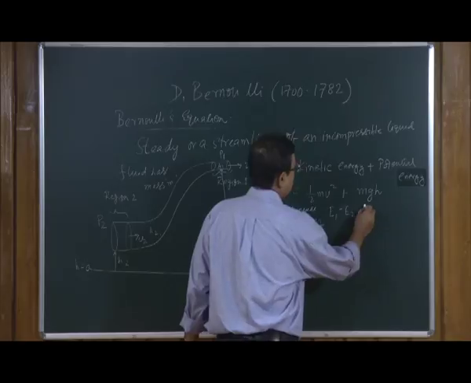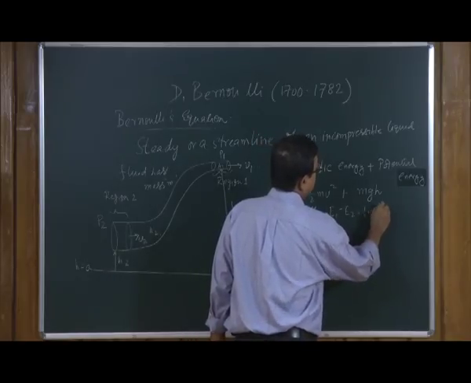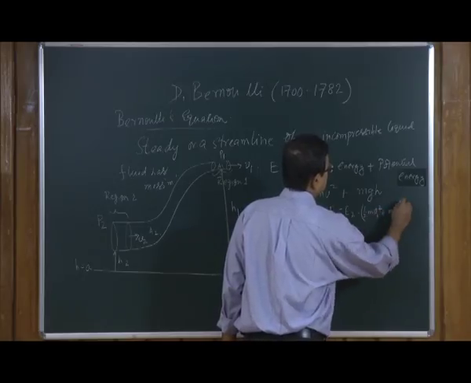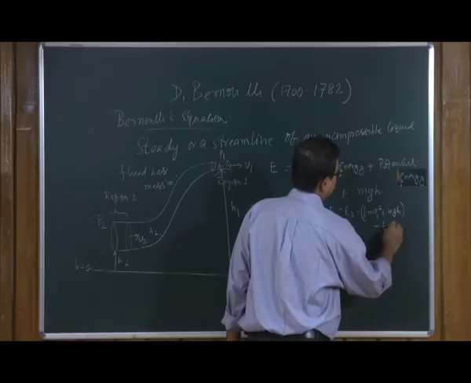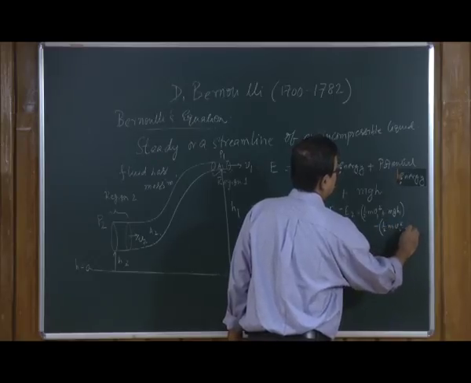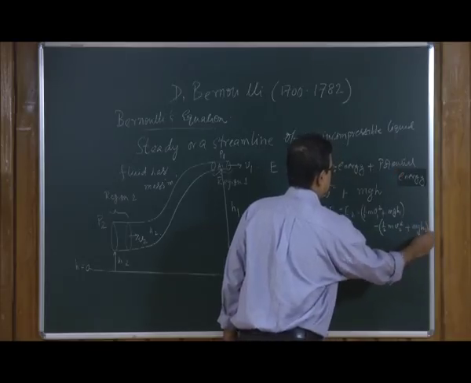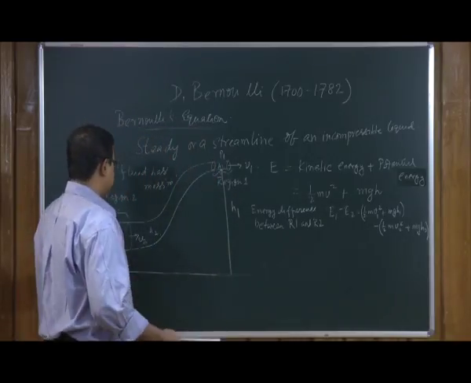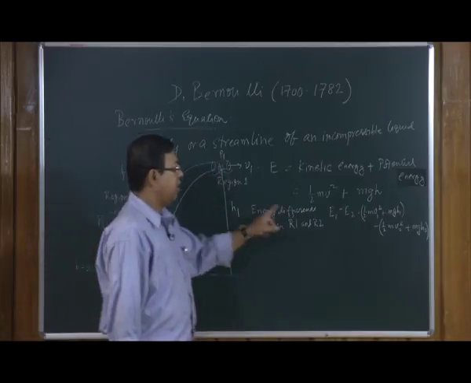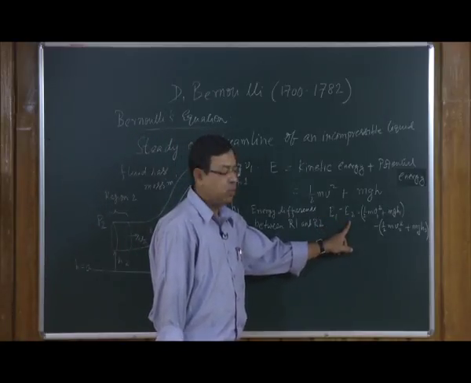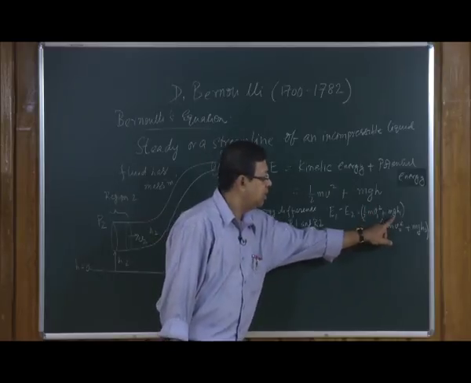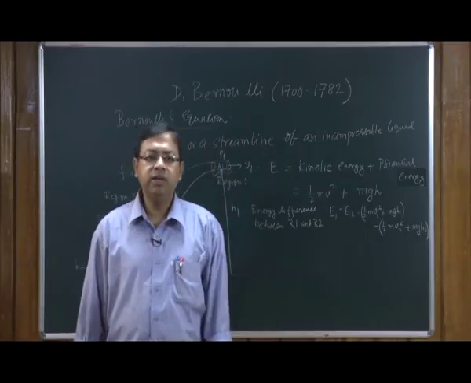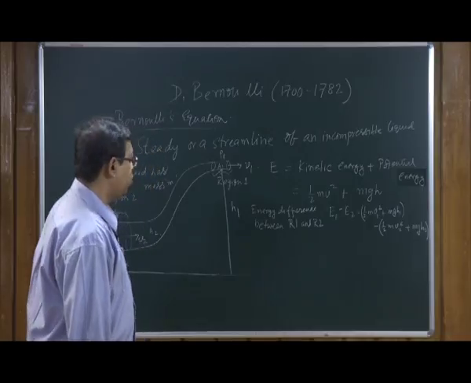This is equal to half m V1 square plus m g h1, minus half m V2 square plus m g h2. So, this is the energy difference between the two regions. These are the kinetic energy and the potential energy at region 1, and the kinetic energy and potential energy of the fluid in region 2.